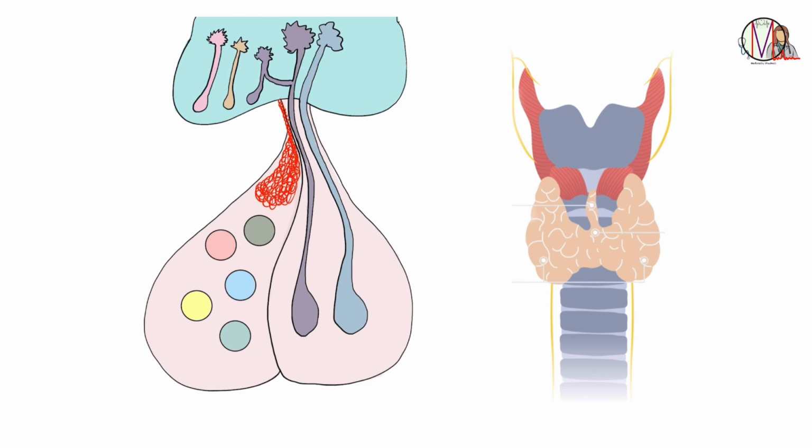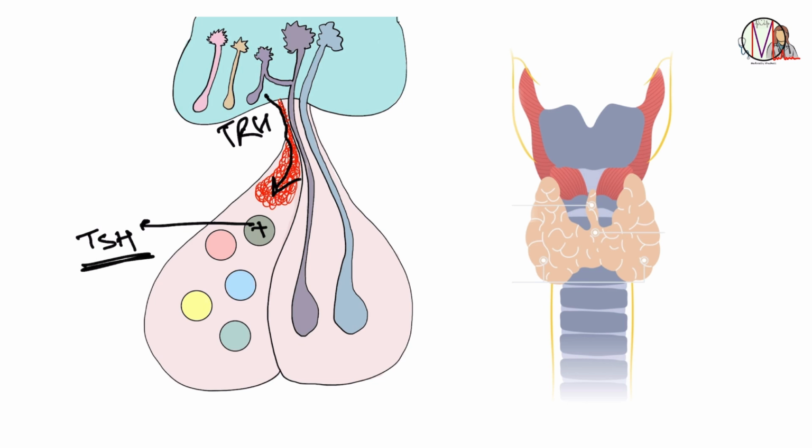So for the regulation, we already know that the paraventricular nucleus from the hypothalamus releases TRH, that is thyrotropin-releasing hormone. And this TRH goes to the anterior pituitary via the hypophyseal portal system and gives a positive stimulus to the thyrotrope in the anterior pituitary, which further releases TSH, that is thyroid stimulating hormone.